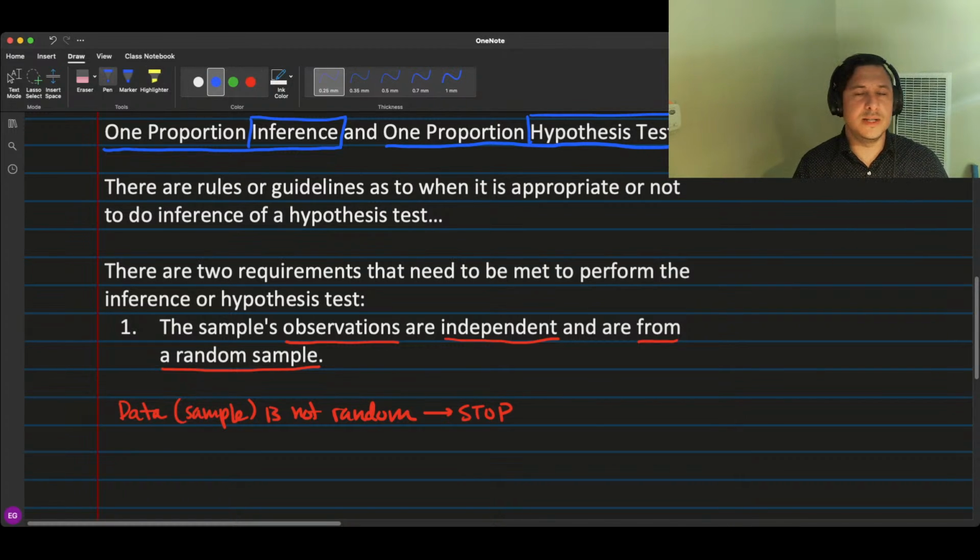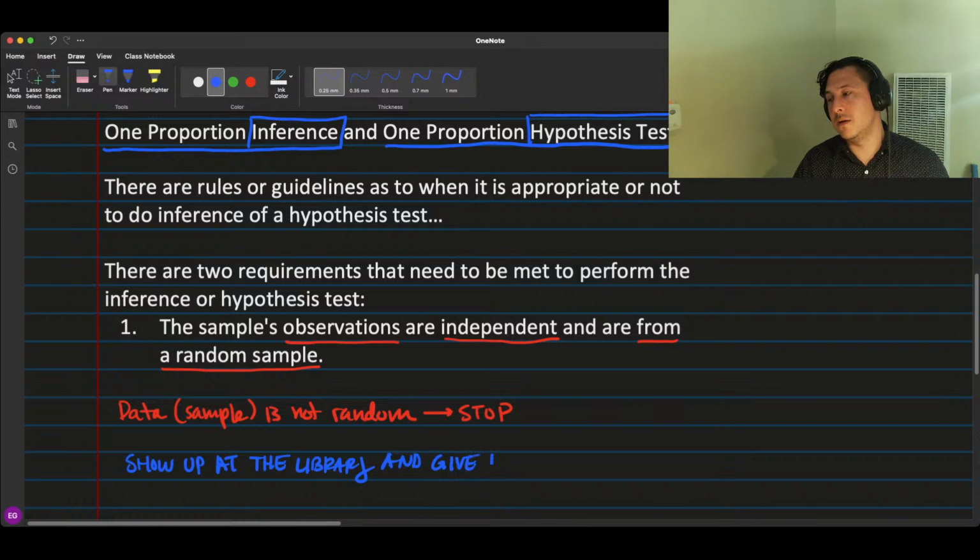Let's say that you're interested in figuring something out about Ohlone students, and you want to use a hypothesis test to make your decision. Let's say you show up at the library and give everybody a survey to fill out.